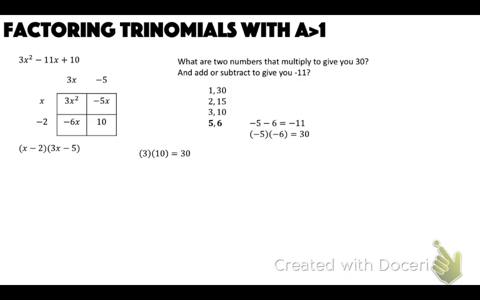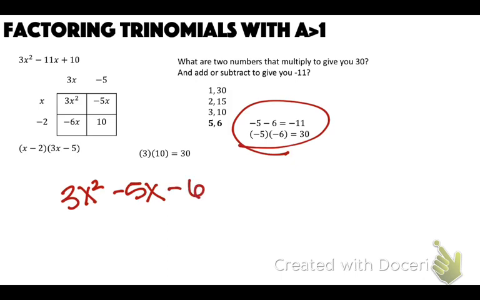If you were to do it the other way, you would still end up finding these numbers, so negative 5 and 6. But we could just write these in. So we have 3x squared minus 5x minus 6x plus 10. And it might not work if we do it this way, but let's just double check.